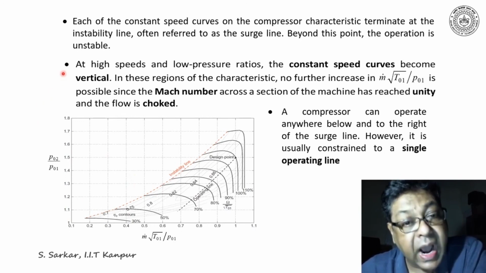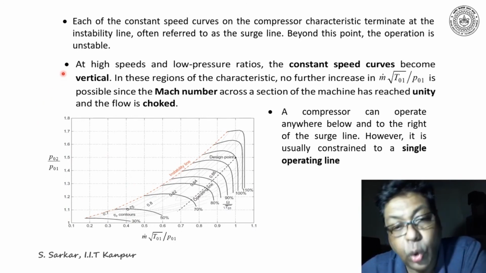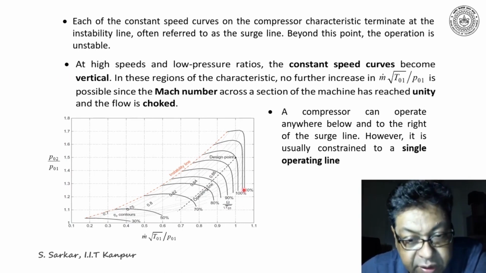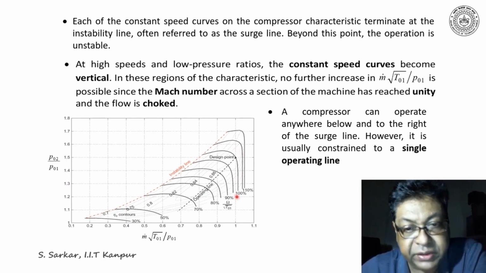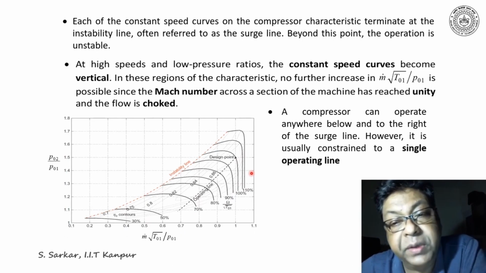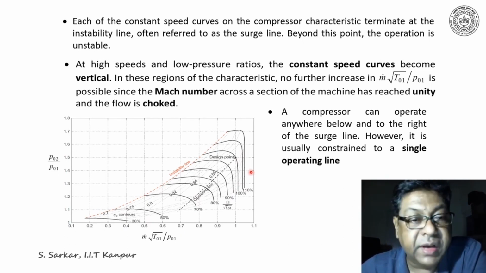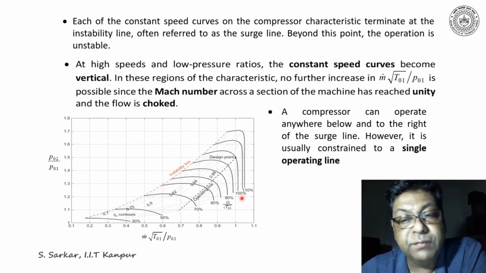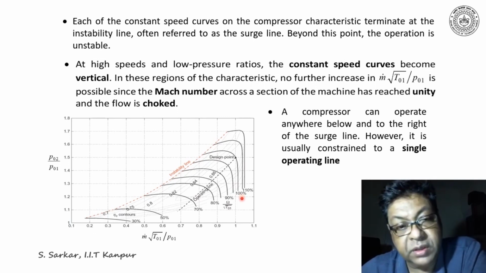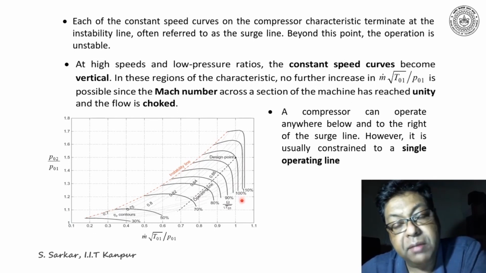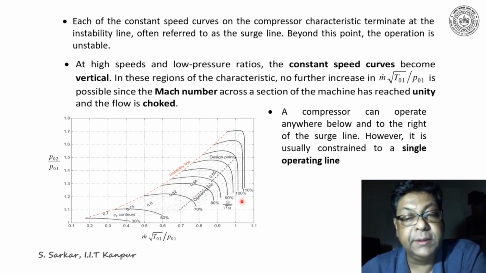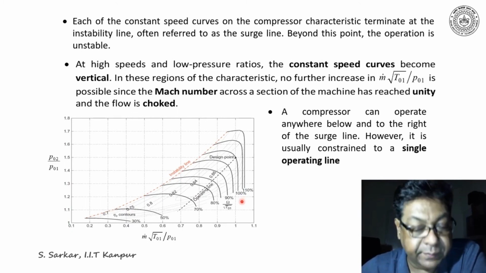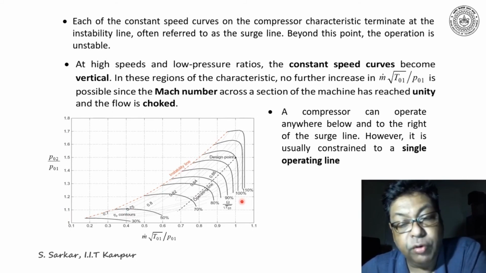At a high speed and low pressure ratio, that means if we are in this region, the constant speed curves become vertical. In this region of the characteristics, no further increase of mass flow rate is possible since the Mach number across a section of the machine has reached unity. Thus, the flow has choked.